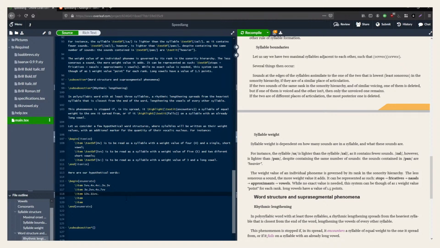Yeah, I was kind of thinking it was analogous to Moray, where onsets have no value. No, here they do have value, it's just the same as if they were elsewhere. 13V, 11VV, let's go with, I don't know, 14V long.